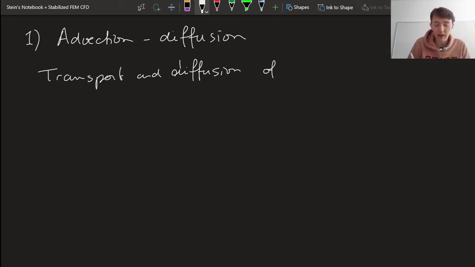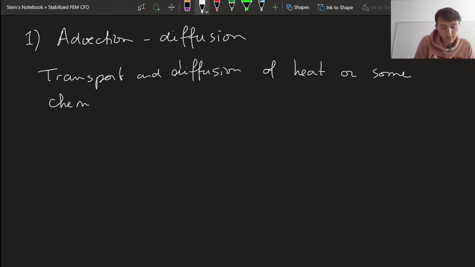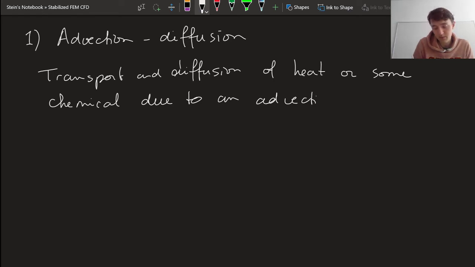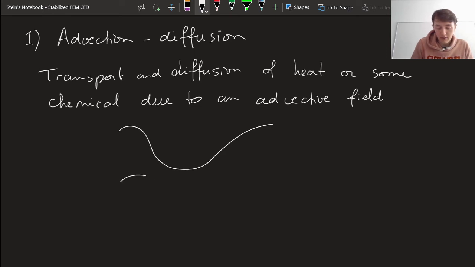and I haven't pointed out heat, but heat is also a very typical example of heat or some chemical due to an advective field. So the point being that we have a set velocity field.